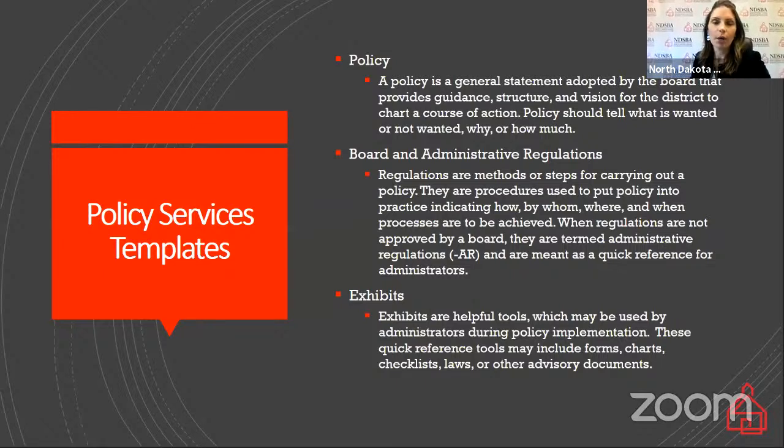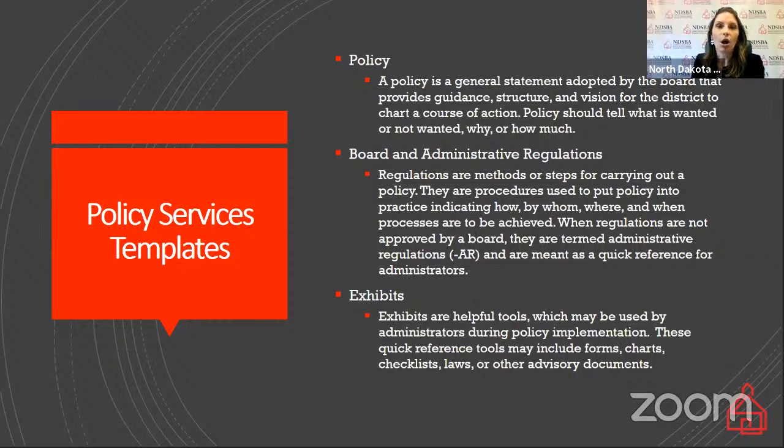Board and administrative regulations are methods or steps for carrying out a policy. They are procedures used to put policy into practice, indicating how, by whom, where, and when processes are to be achieved.